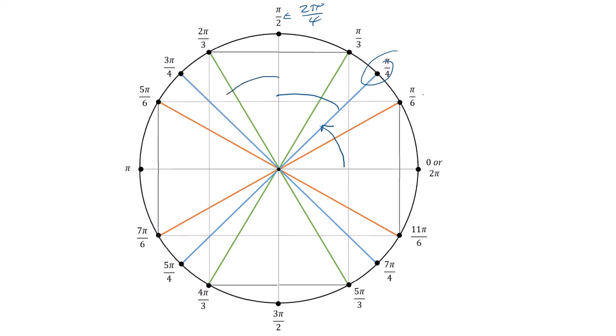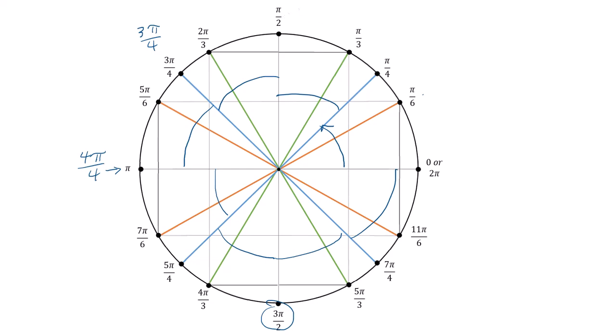Another pi over 4 would give us 3 pi over 4. Another pi over 4 is going to give us 4 pi over 4, which is pi. And we continue around: 5 pi over 4, 6 pi over 4, 7 pi over 4, and 8 pi over 4, which is 2 pi.